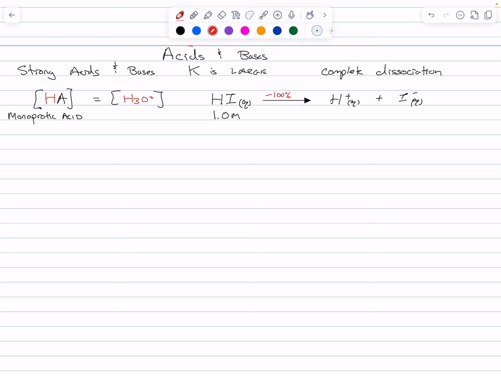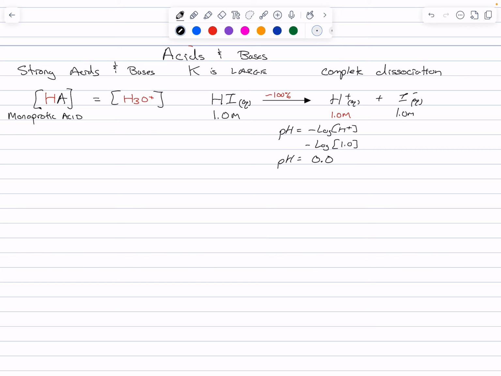So you would have 1.0 molar H plus and 1.0 molar of I minus, which we don't care about. So the pH is the negative log of H plus, which is the negative log of 1.0. So the pH is 0. For monoprotic acids, that's what we got.